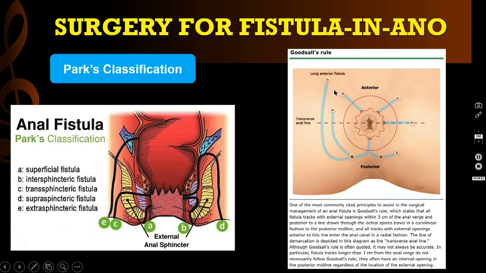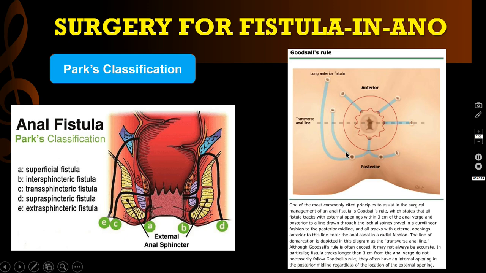5 centimeter, then even though the external opening is anterior to this horizontal line, it will take a curvilinear course and go to the posterior part and open in the midline.